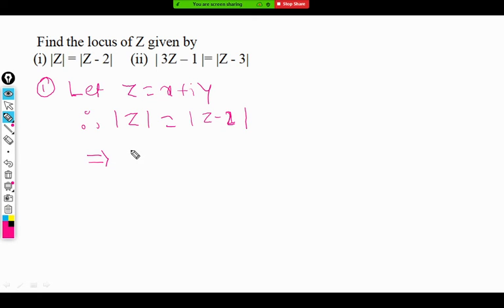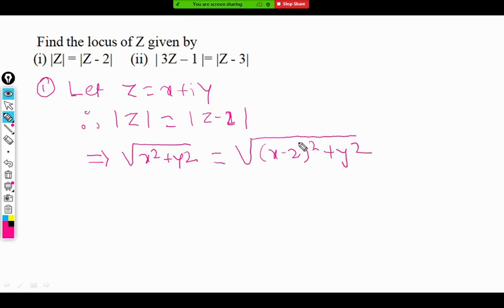Okay. What is mod z? It is mod of z minus 2, z minus 2 whole square. So squaring both sides.